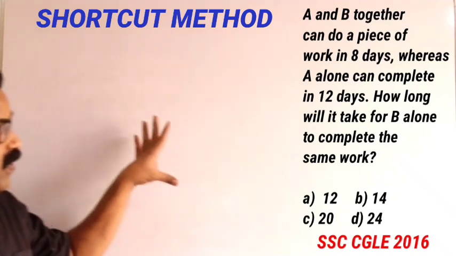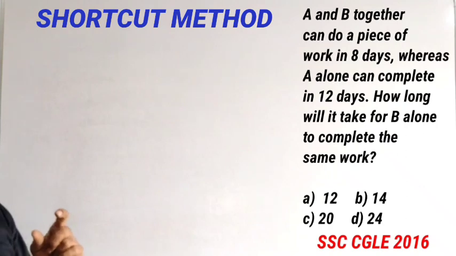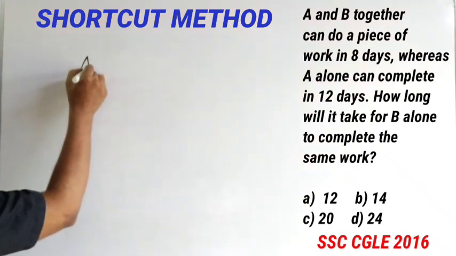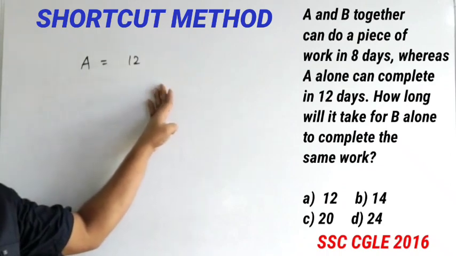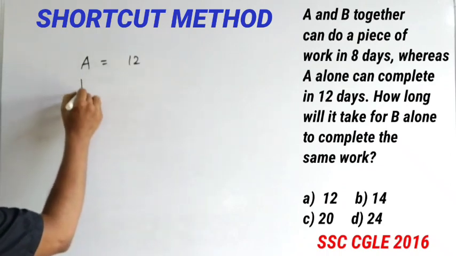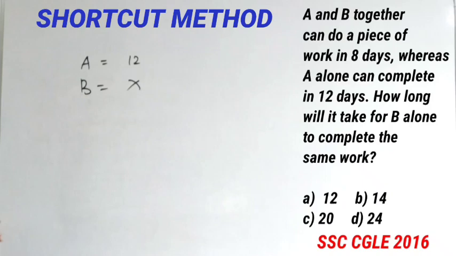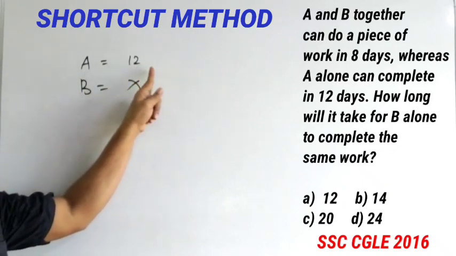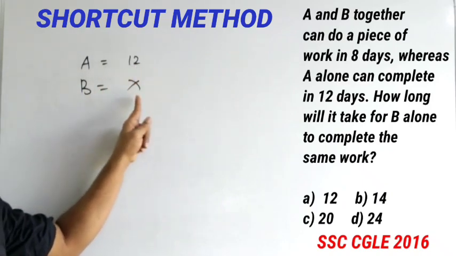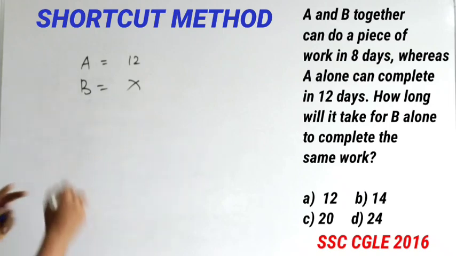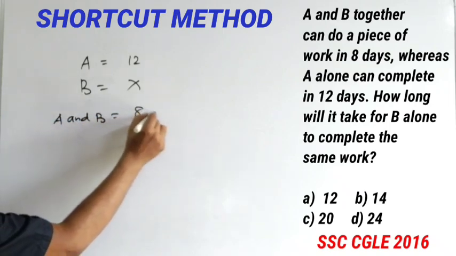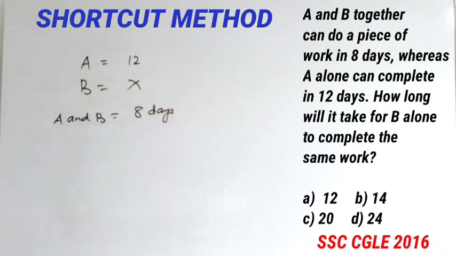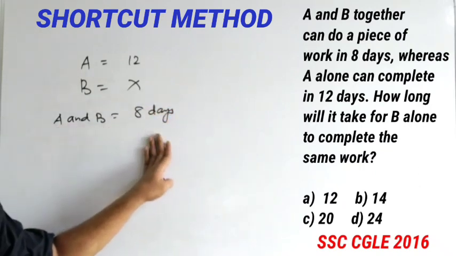A can complete the work in 12 days, and let us take B completes the work in x days. And A plus B together complete the work in 8 days.